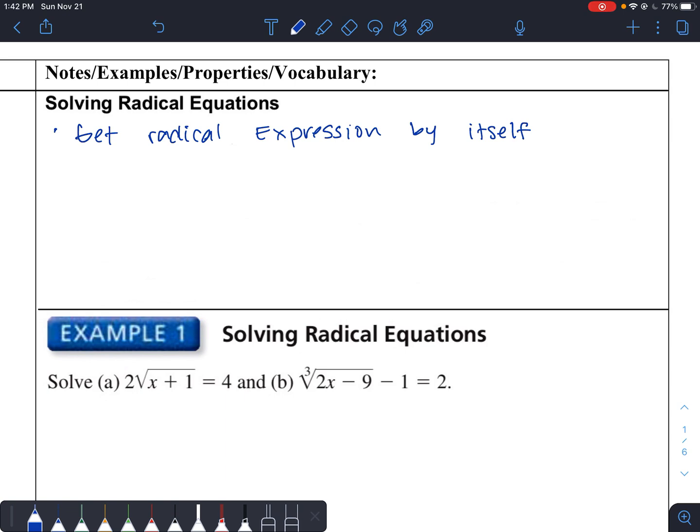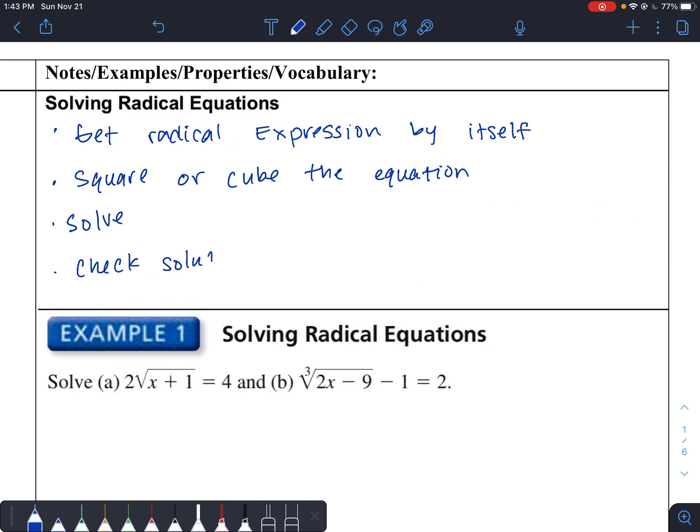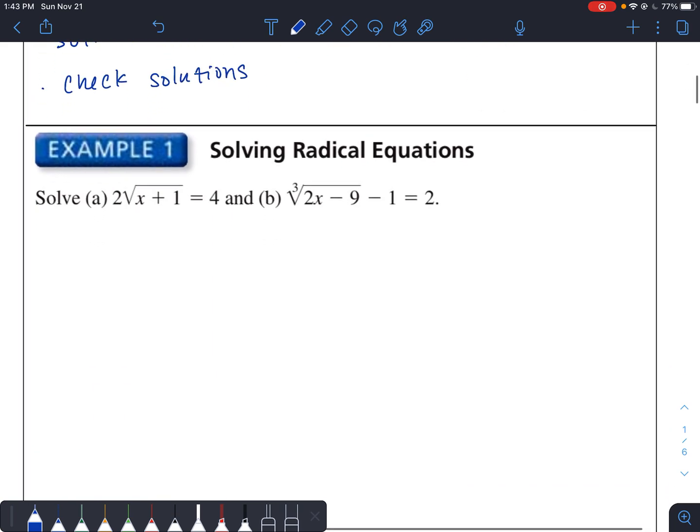And then you're going to square or cube the equation depending on what's necessary. You're going to solve, and then you're going to check solutions. Okay, so if you need to pause that to write this down, go ahead and do so. I'm going to go on and do some of these examples down here.